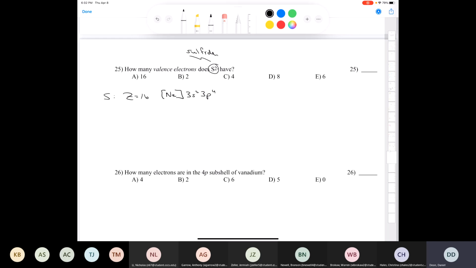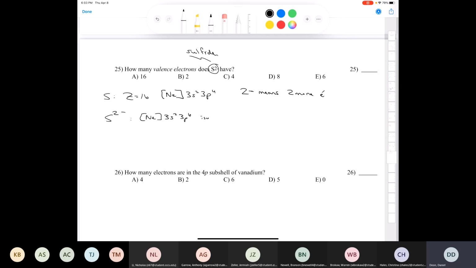But if I have S2 minus, since I have 2 minus, it means 2 more electrons. So I'd add the 2 electrons to the p orbital because there's room for 2 more in there. So that means that sulfide is going to be neon 3s2 3p6, which makes sense because now it's isoelectronic with a noble gas.